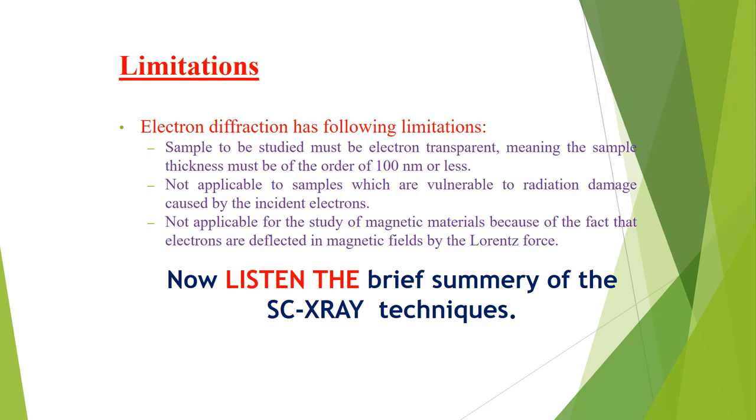We use different sources like X-rays, neutrons, and electrons that are incident on the crystal or sample placed in the machine. All these sources are diffracted after incidence on the sample, and the diffracted pattern in the form of spots or rings is observed by the detector.